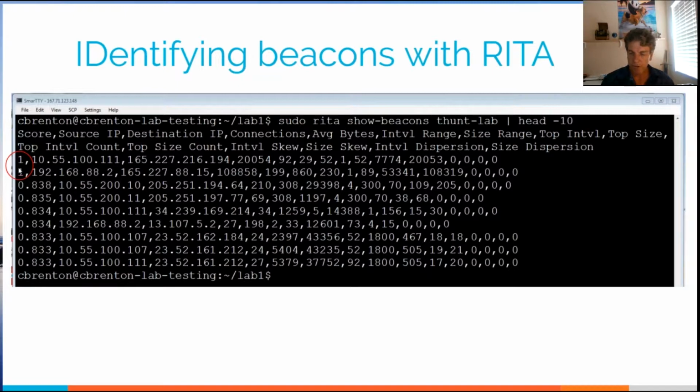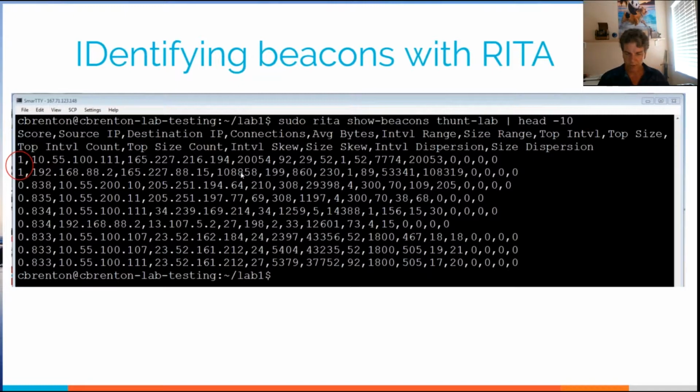Remember with Zeek, we could look at quantity of traffic. We couldn't look at beacons. We needed to use the R statistic tools to figure that out, and even then, it's still fuzzy. RITA will go through and do that for you. In fact, we had 3 of them in the over 20,000 connections in a day range, and RITA automatically ignored one of them.